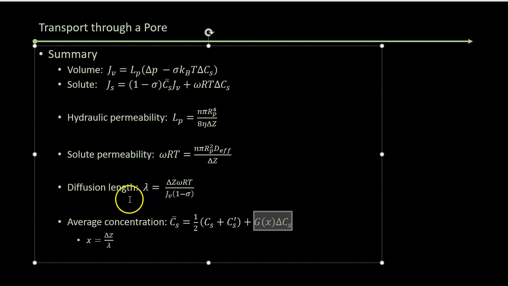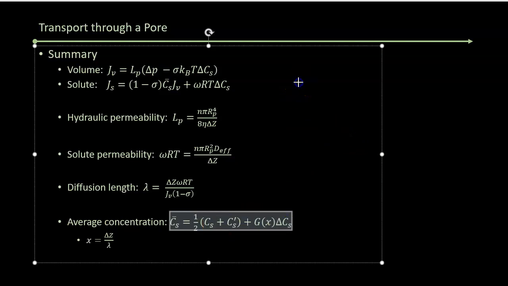And it takes into account that the diffusion length gives you a scale for the pore and gives you a different profile than just linear through the pore, right? And so it's a correction factor, if you will, for just the standard average.